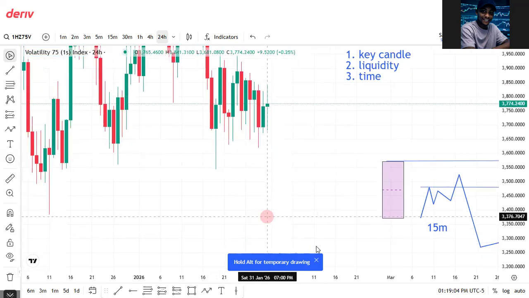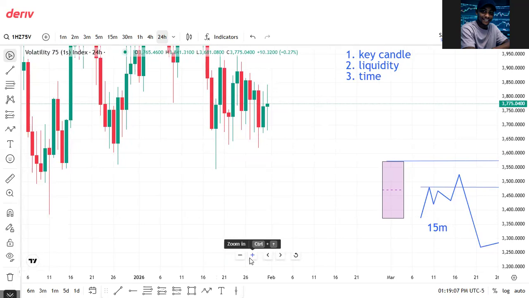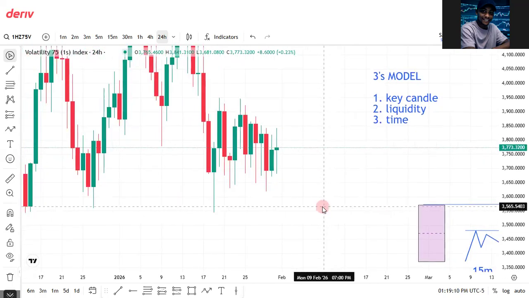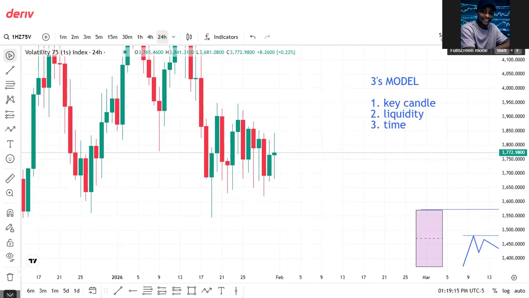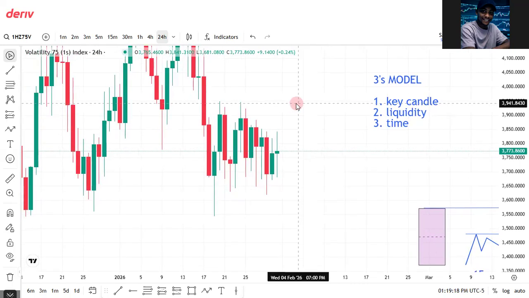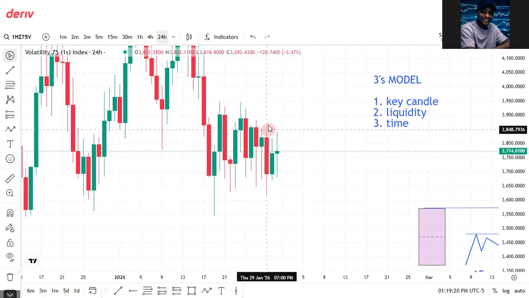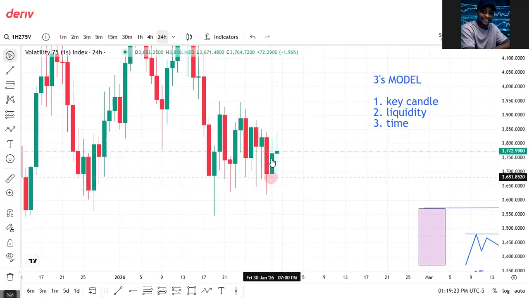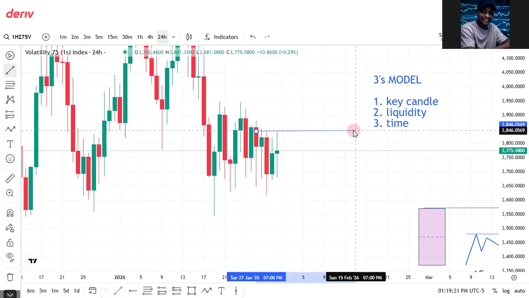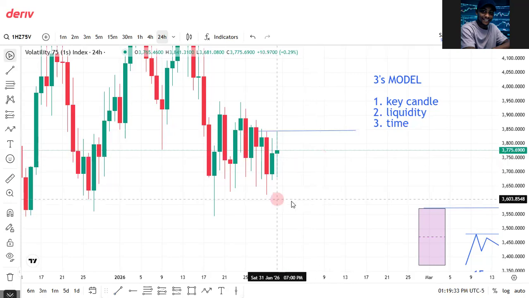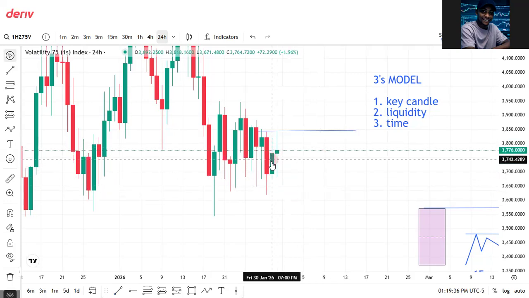But for today, what I literally use here is this candle, this bearish candle, as my key candle. So I just mark the high of that candle. Because this candle, if you look at it, is actually inside of this candle, so I consider this as my key candle.